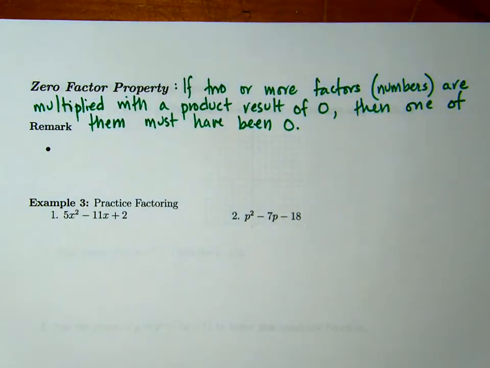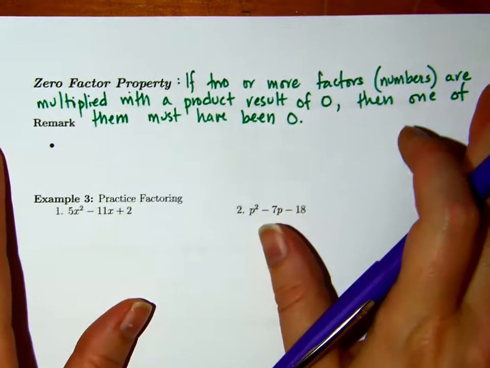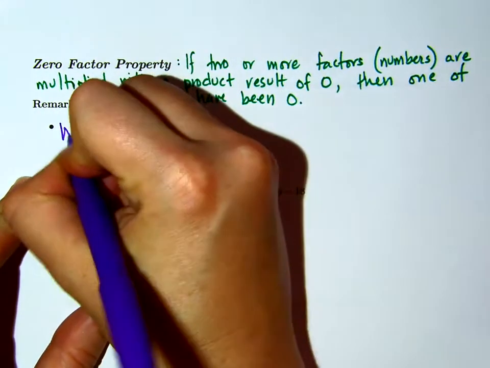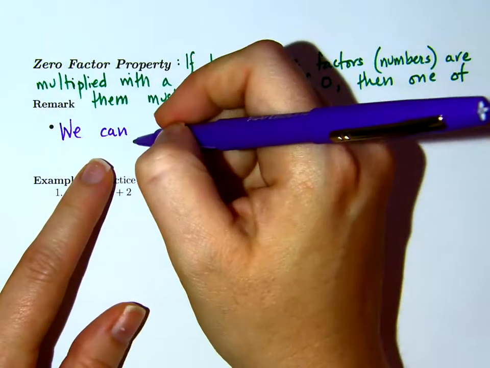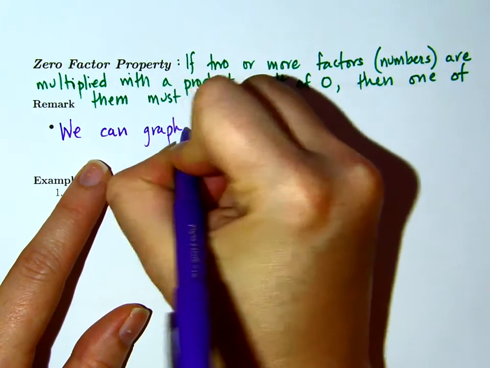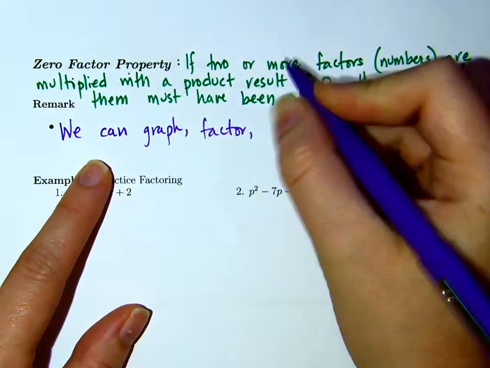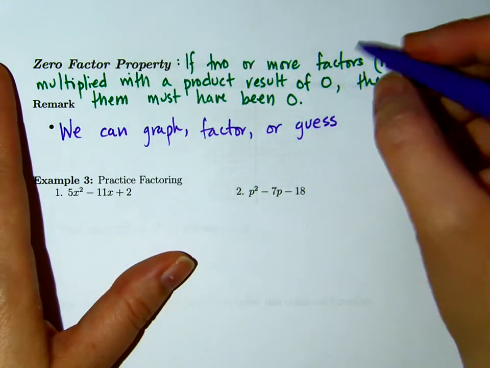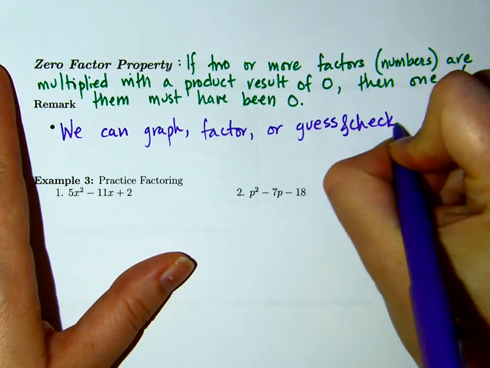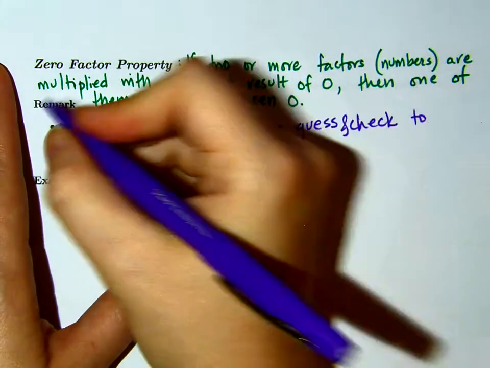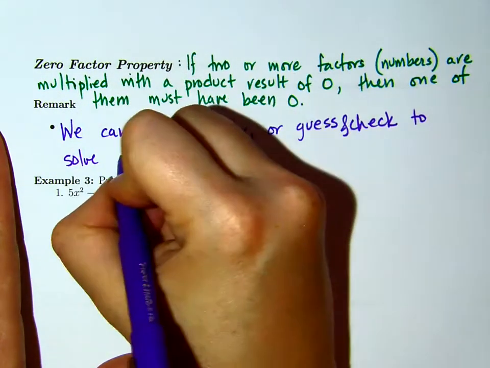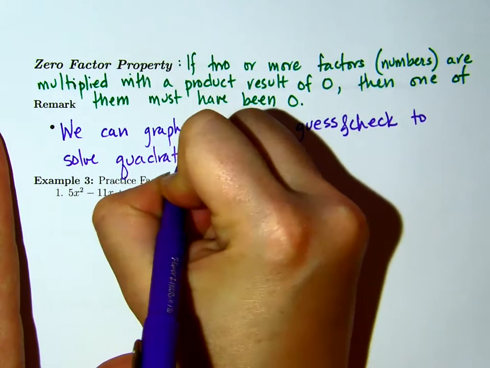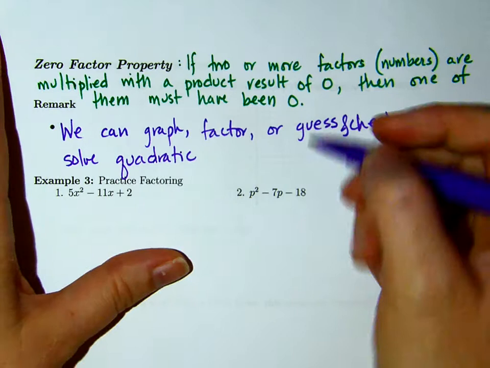Okay. Now, as a quick remark, we can graph, factor, or guess and check to solve these quadratic equations based on our new tools. So we can graph, factor, or spend our whole day guessing and checking to solve these quadratic equations now.